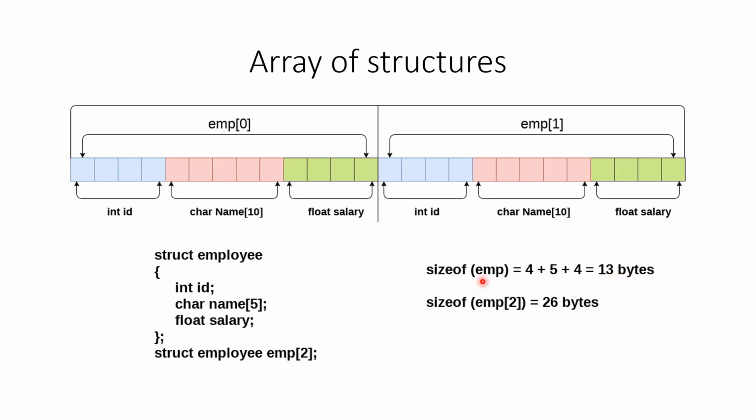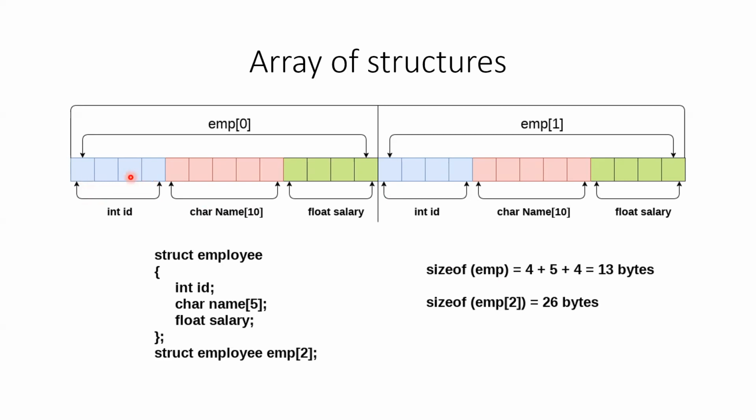You can look over here, the size of the structure is computed. sizeof is an operator used to get the number of bytes allocated for a particular variable or data type. Here, emp is an array of structures. Whenever we specify sizeof emp, it gives us the total array size. But whenever you specify only a single element, emp of 0, it gives the bytes required for a single structure.